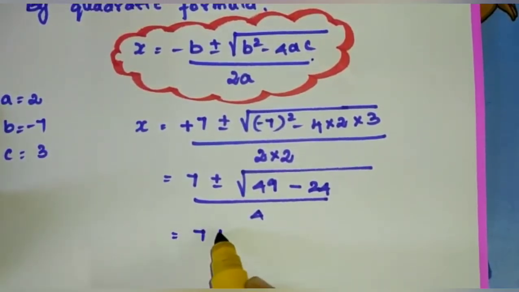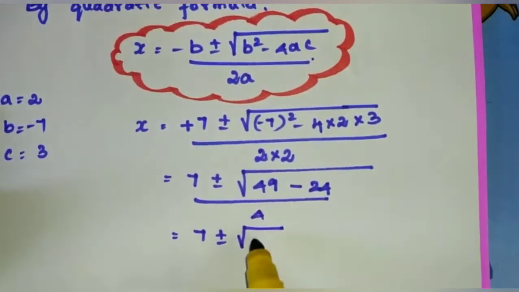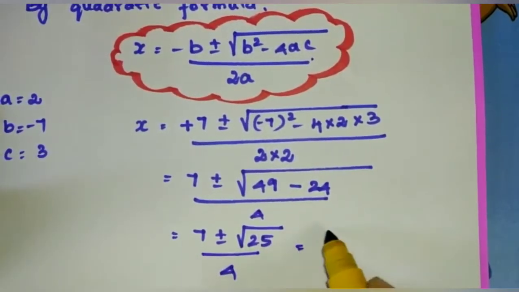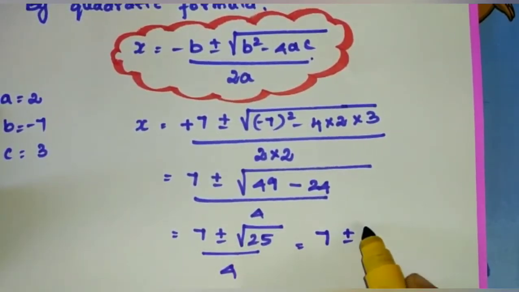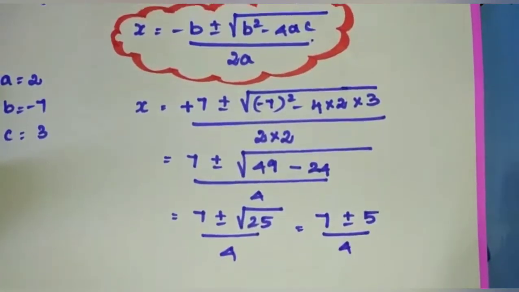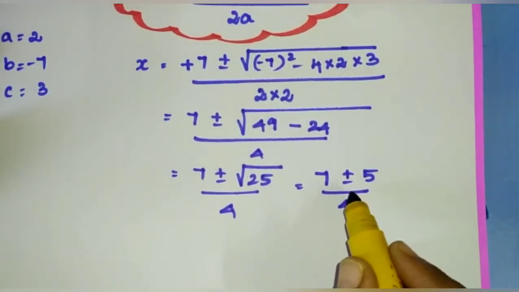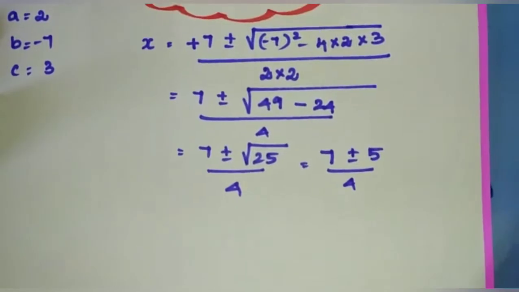Then 7 plus or minus root of 49 minus 24 is 25, divided by 4. Then 7 plus or minus root 25 is 5, divided by 4. So we got x is equal to 7 plus or minus 5 by 4.